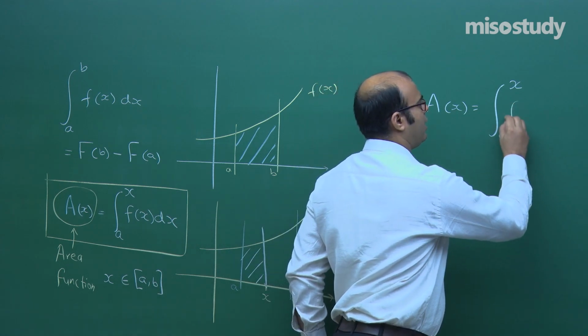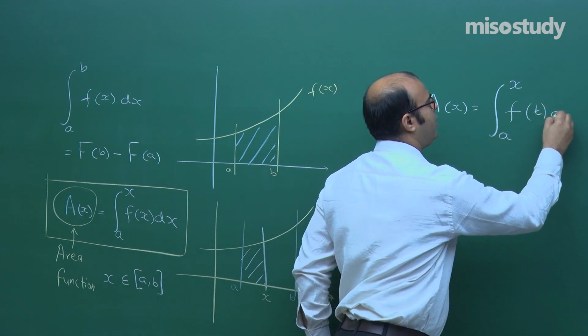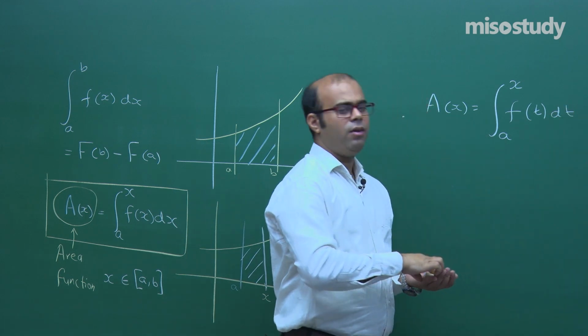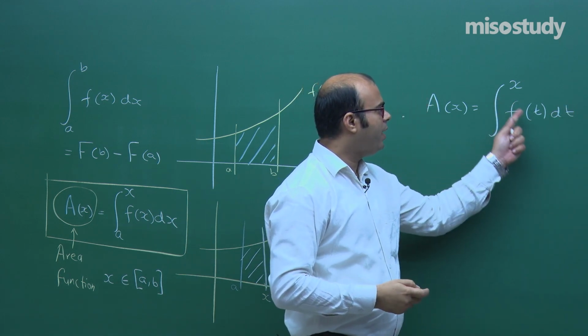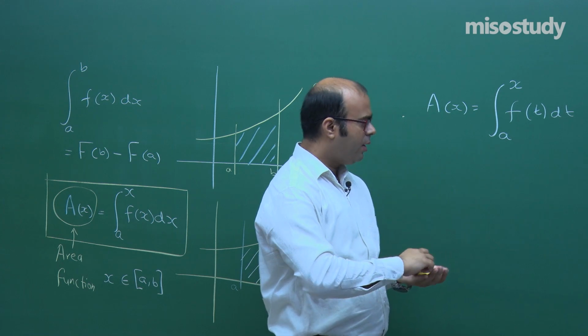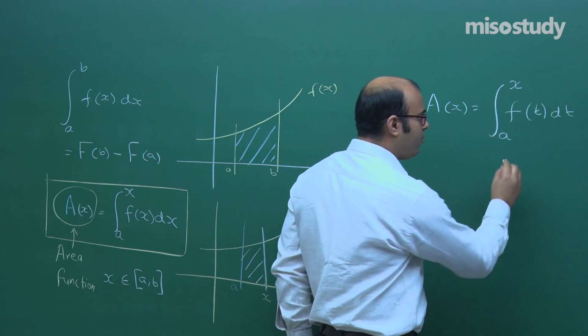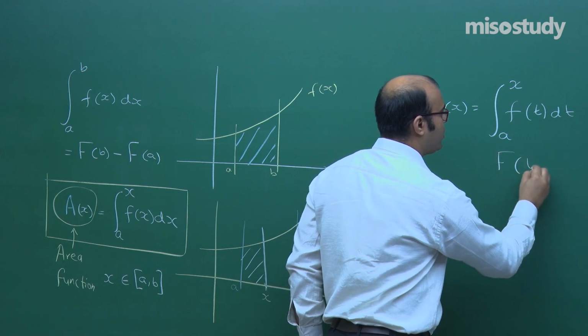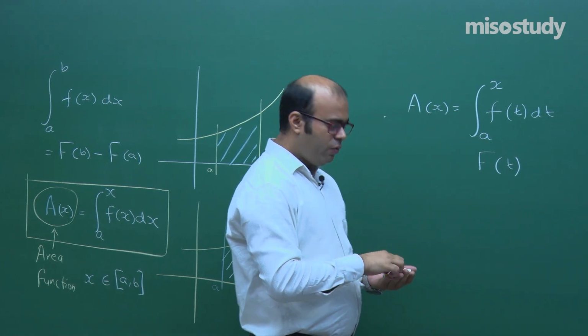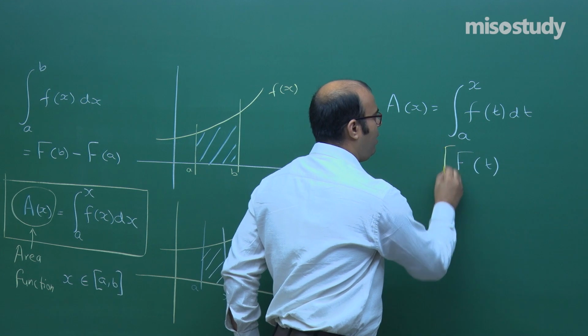Let us take t: f(t) dt. This is a better way which will avoid confusion between x and t. If you integrate the small f(t), you will get a capital F(t), and you will put the limits.